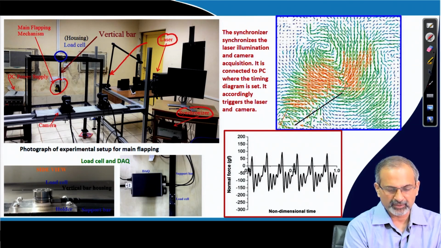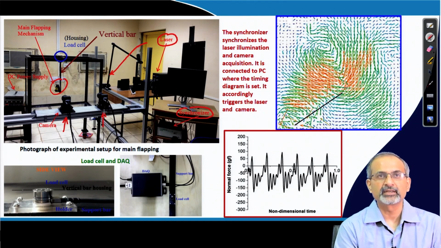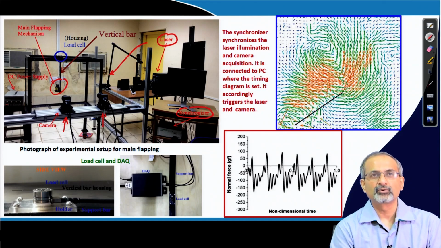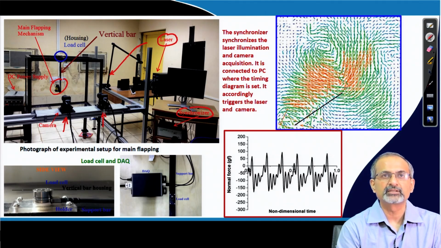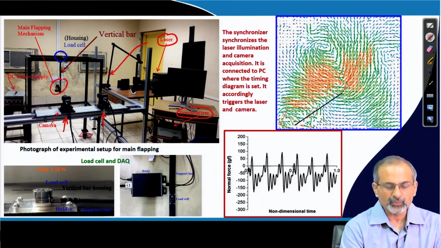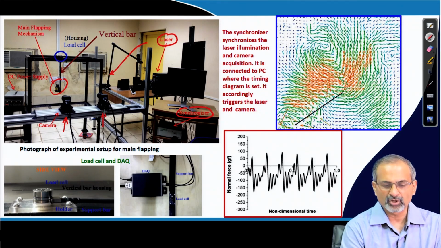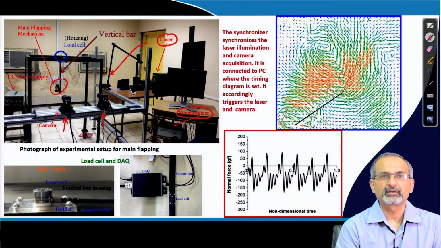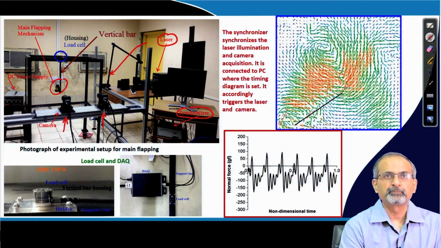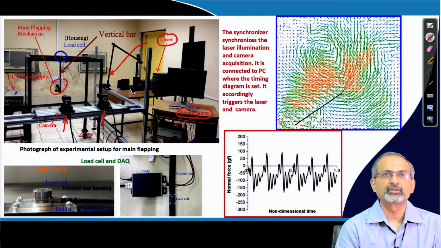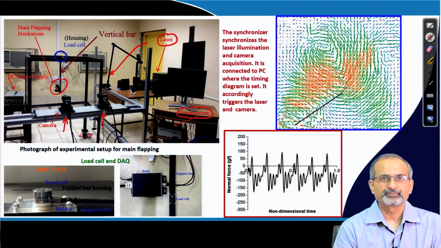You can see two cameras focusing at that flow field, and if they are arranged appropriately at angular orientations, you can actually do a stereoscopic PIV, where certain amount of depth information can also be captured. So, it is not purely planar, but also having a bit of the third velocity component incorporated.